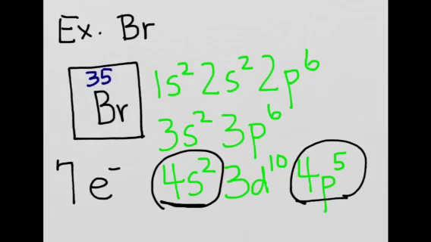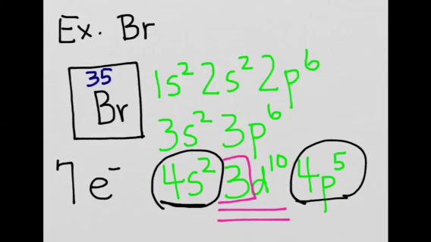Now, why did we skip the 3d10 electrons, since they're sandwiched in between the 4s electrons and the 4p electrons? Well, although they are sandwiched in between there, and it's after you complete the 4s orbital with 2 electrons that you begin filling the first 3d orbital, it's still at energy level 3.